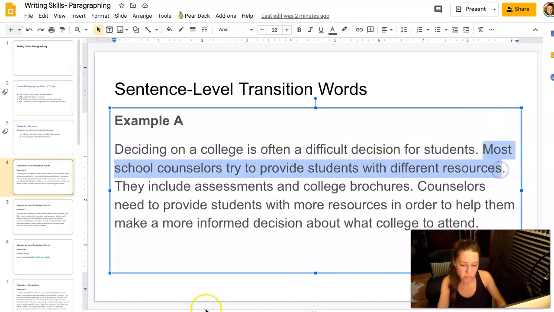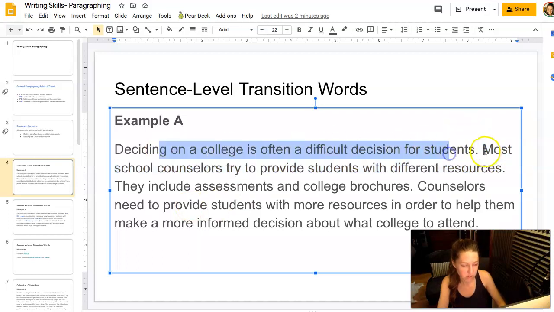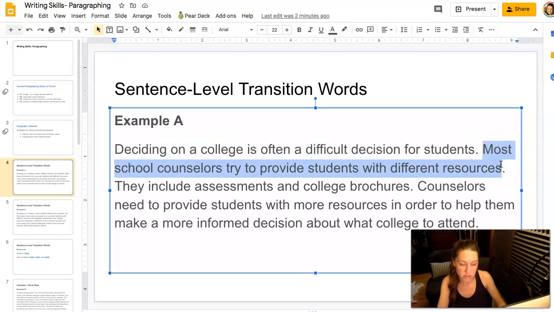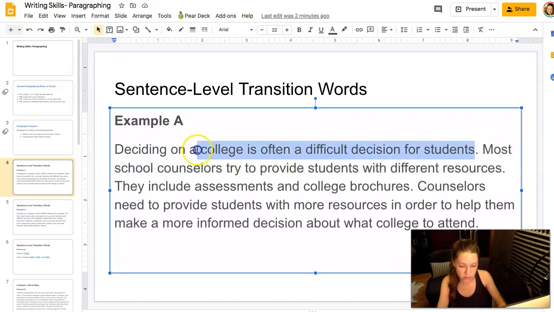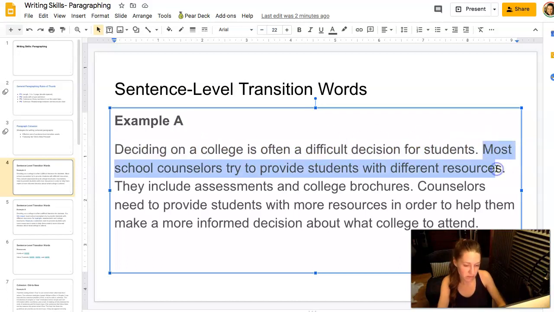Number 2, most school counselors provide students with resources. What is the relationship between a difficult decision and providing resources? Well, if this is the problem, this is a solution. This problem is the reason why counselors provide resources. So you can put in a couple of different things here.